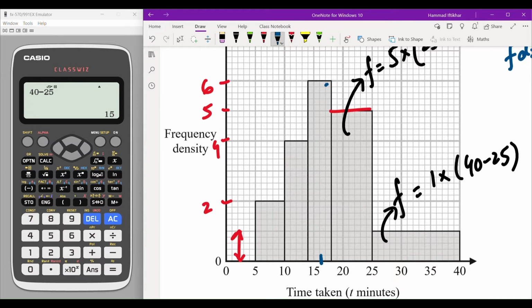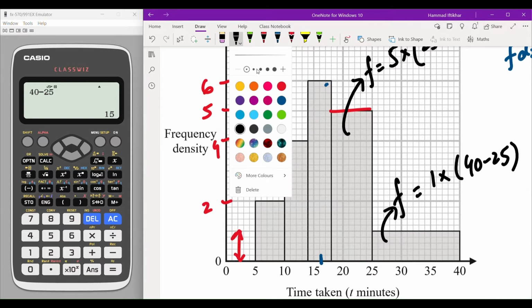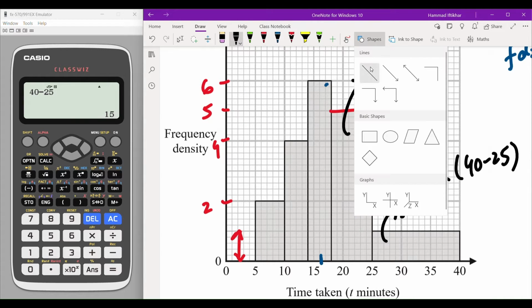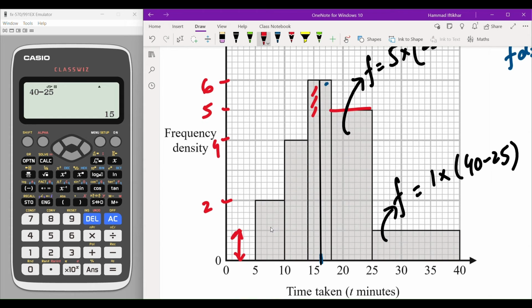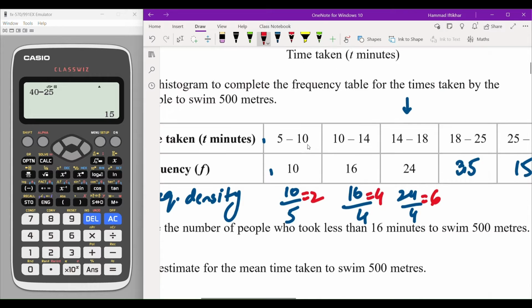So we will have to cut this rectangle in half. So we will only take the area of this half over here, so basically half of the area of this. Okay, so this will be our estimation. So the frequency in this, and only half the frequency in this.